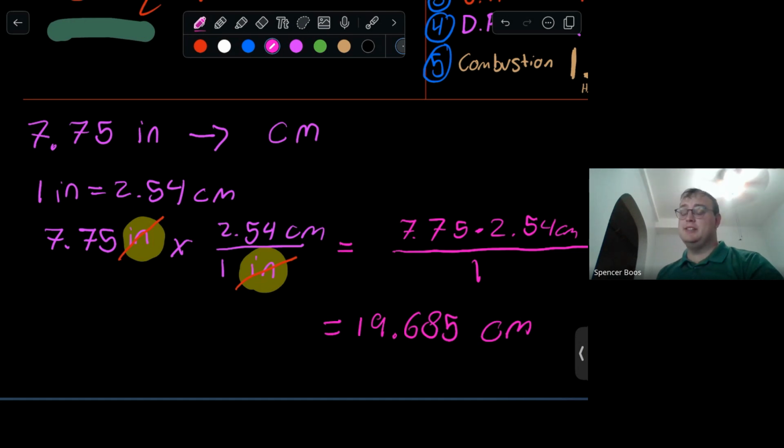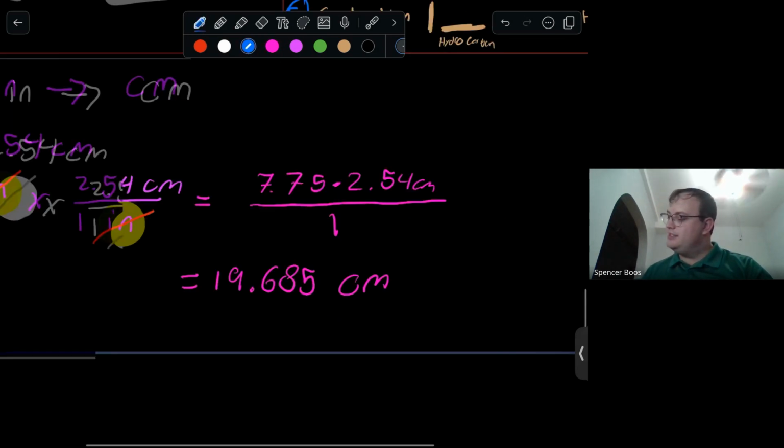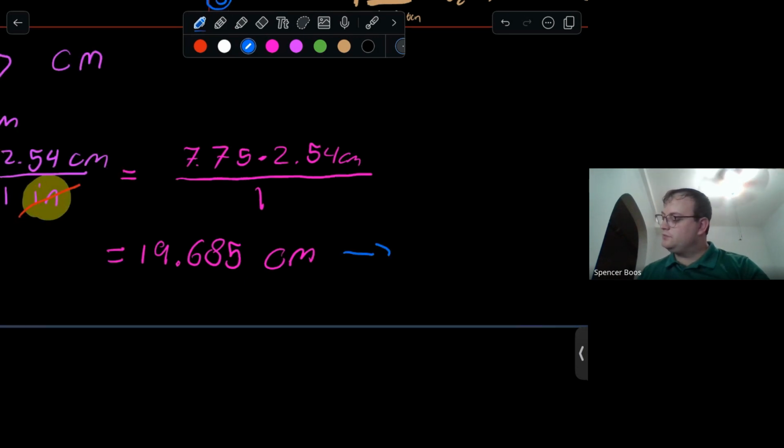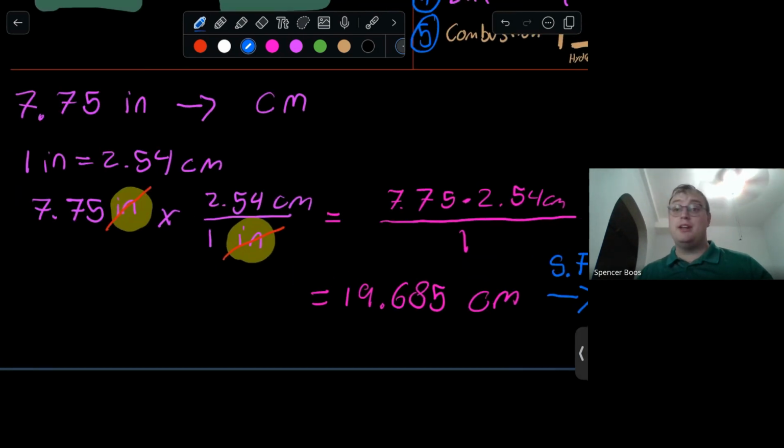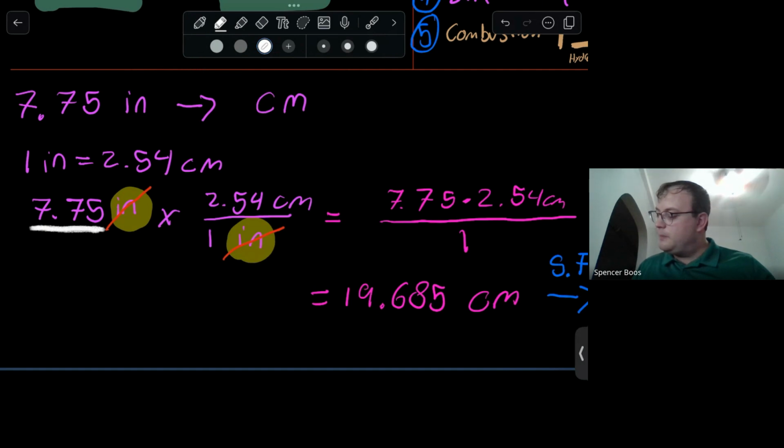The reason is because whenever we are dealing with measurements, we always have to use sig figs. Now you may be saying, well, how do I know how many sig figs to round to here? Good question. You determine how many sig figs you need to round to by looking here at your initial measurement obtained.